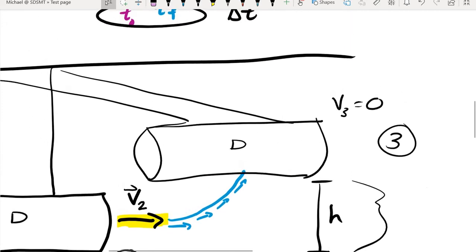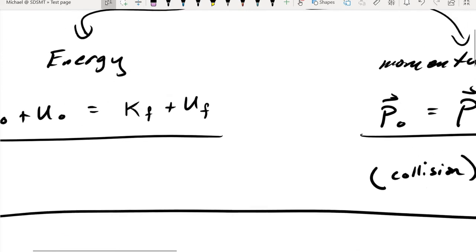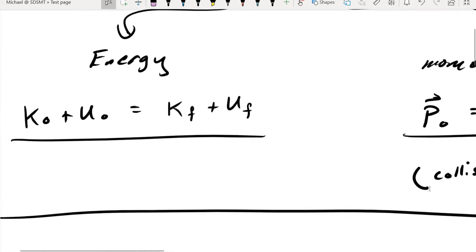However, we've done plenty of problems in the past where we can conserve energy by moving from one location in space to another. Because our conservation of energy equations, the only thing that they care about is how fast we're moving and where we're at.